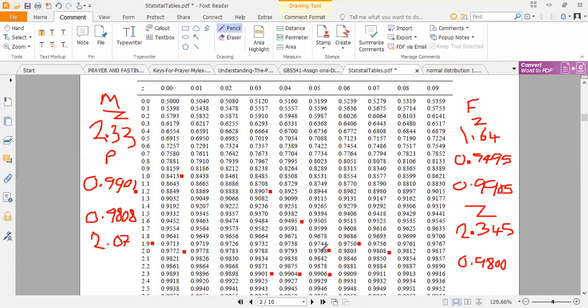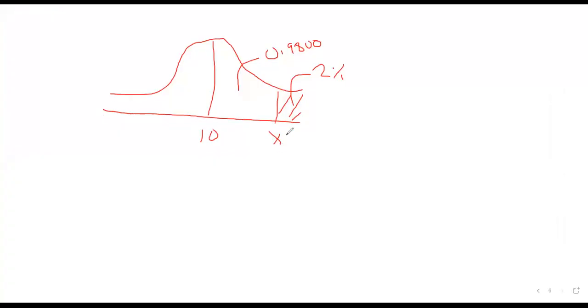This one or this one? The one on the left. This one is less by 2, this one is more by 3 points. So this one is closer, isn't it? So what is this reading? 2.05. So meaning the Z at this point is 2.05.